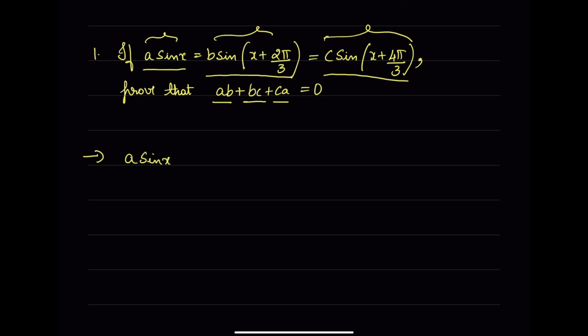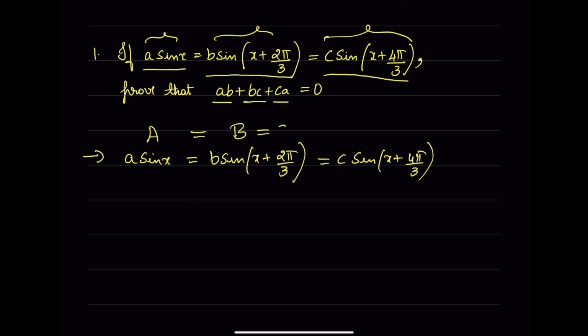Let's solve this. So we have a sin x equal to b sin of x plus 2 pi by 3, equal to c sin of x plus 4 pi by 3. So basically when we equate something, a is equal to b is equal to c, they have some actual value when we are equating them to each other.